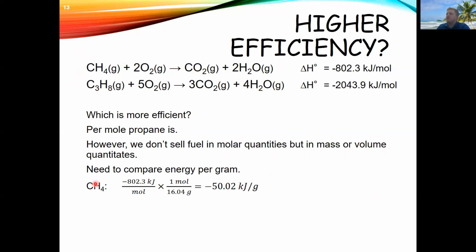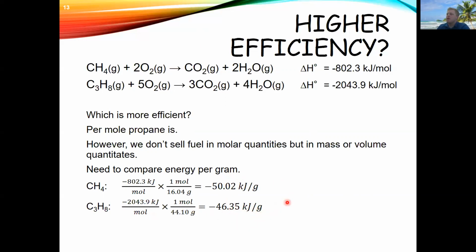So for CH4, it's letting off 802 kilojoules of energy for every 16 grams, which means it gives off 50 kilojoules of energy per gram. But for the propane, we take that 2,000 kilojoules per mole, divide it by the molecular weight of propane, which is 44. Then propane actually only gives off 46.35 kilojoules of energy per gram.